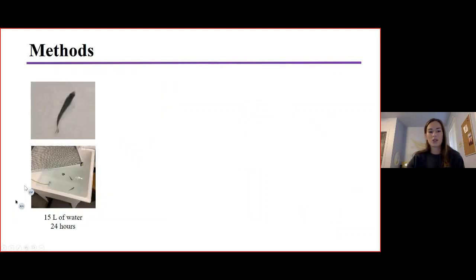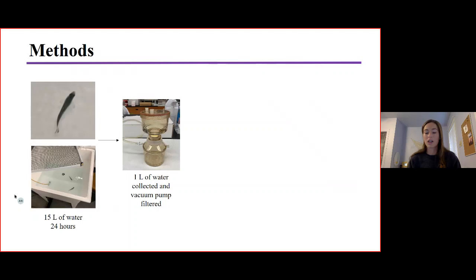So the methods that I used, I put either one Atlantic salmon individual or two in a laundry basin where I covered off the drain and added 15 liters of water. And I let those Atlantic salmon swim around for 24 hours before collecting 1 liter of water sample. And then that water sample is run through a vacuum pump filtration apparatus.